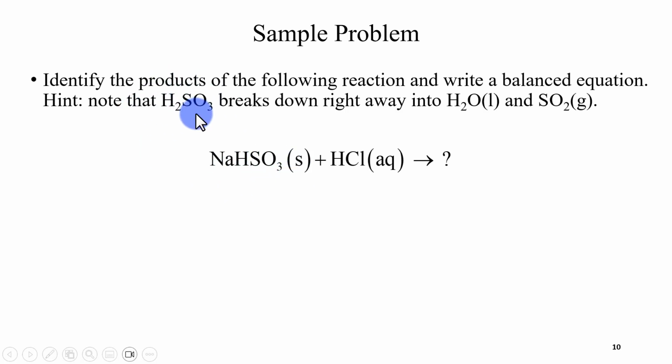However, the H2CO3 breaks down right away into these two compounds, and this one is a gaseous compound, so it will bubble out of solution. These are 2 out of your 3 products. So go ahead and figure out what they are, what the third one is especially, and then balance the chemical reaction.